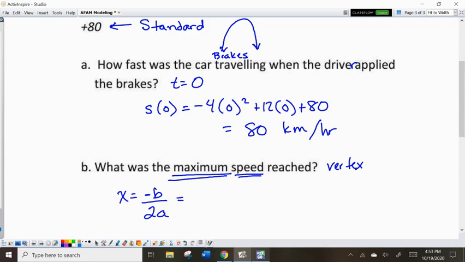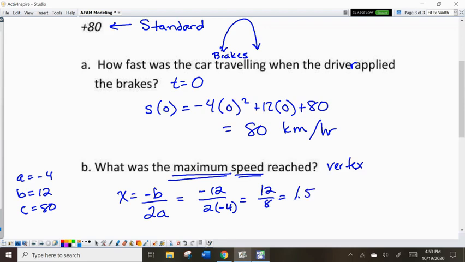In our equation, a was equal to -4, b was 12, and c was 80, just as a reminder. So the opposite of b would be -12 over 2 times -4, which is 1.5.